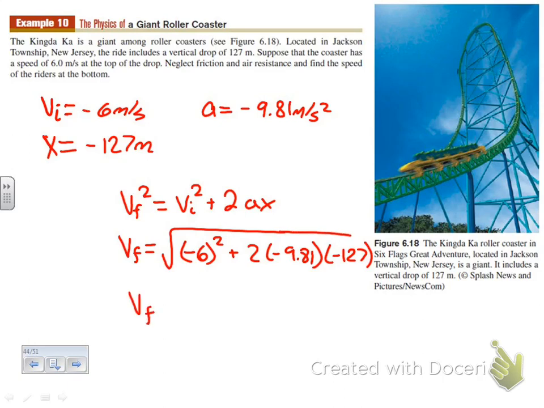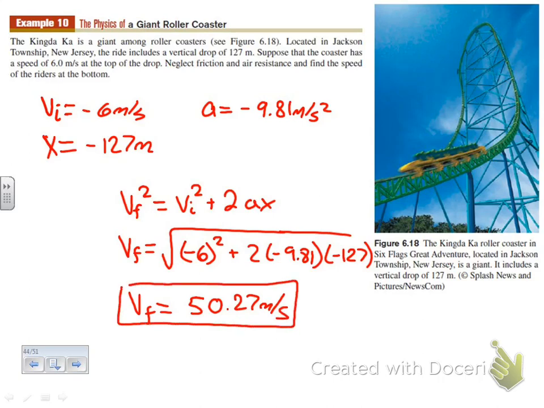And when we solve through all that, we end up realizing that V final equals 50.27 meters per second. Now, this isn't exactly the same answer we got before, because now that we checked these numbers, in the last answer we forgot one simple thing.